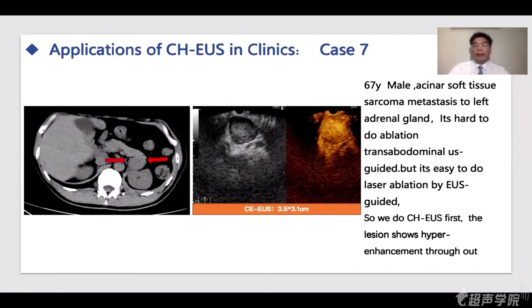Case 7. A 67-year-old male with soft tissue sarcoma metastasis to the left adrenal gland, which is hard to ablate trans-abdominally under ultrasound guidance, but easy to ablate with laser under EUS guidance. So we do CHEUS. The lesion shows hyperenhancement throughout.